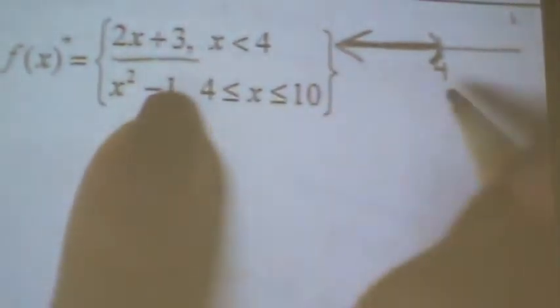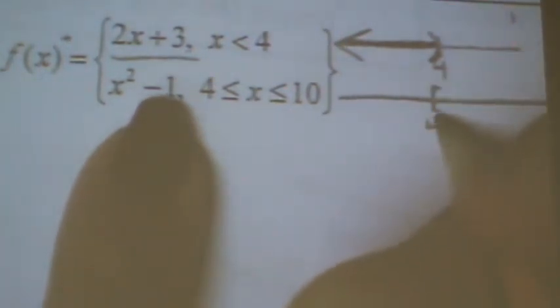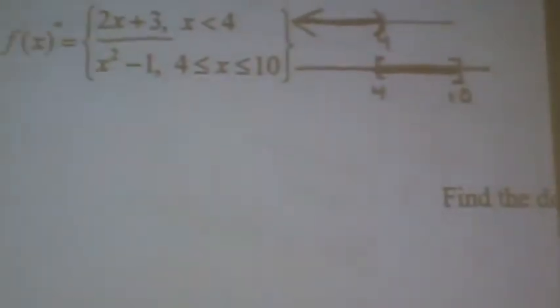But if the number is between 4 and 10, 4, 5, 6, 7, 8, 9, 10, you use x squared minus 1. So let's see if you understand this.